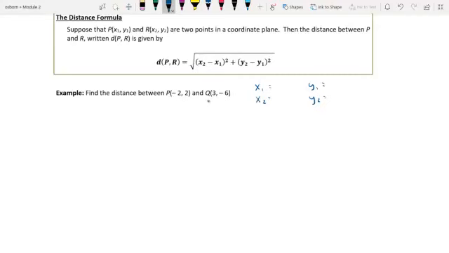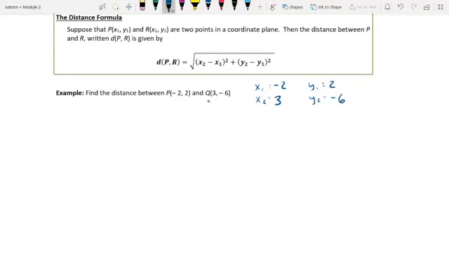It doesn't matter which one you say is x1, y1 and which is x2, y2, so long as whichever x1 you have corresponds to the y1, the y value for that x coordinate. I'm going to say that P is my x1, y1, so -2 and 2. And for Q, that'll be x2, so 3, and y2, -6.